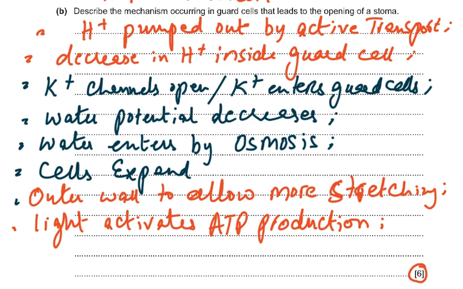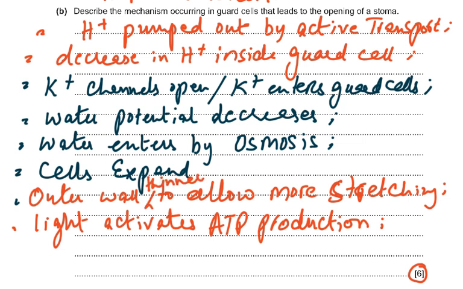So H+ pumped out by active transport, decrease in H+ inside guard cells, potassium channels open, potassium enters the guard cells, water potential decreases, water enters by osmosis, cells expand, outer wall thinner to allow more stretching. Yeah, I missed that out. And the last point is light activates ATP production.